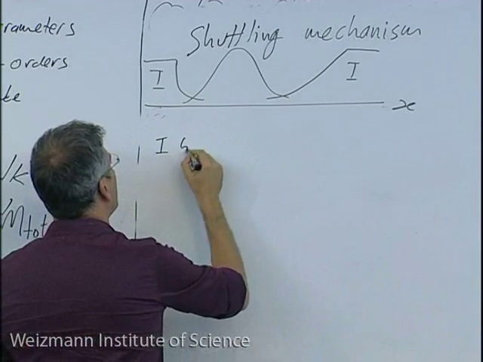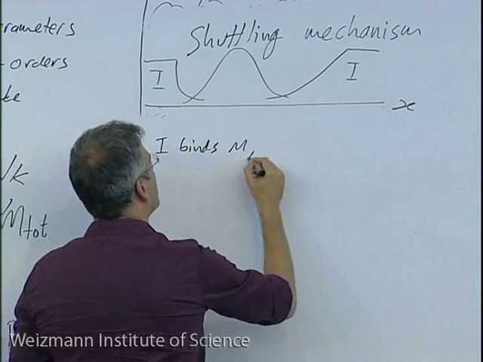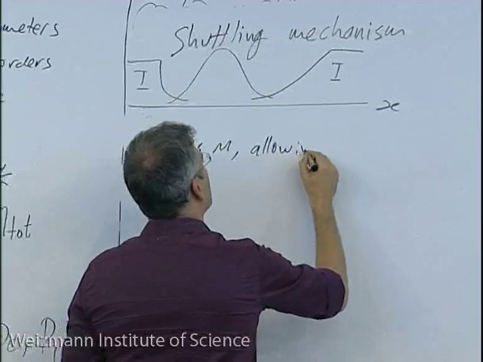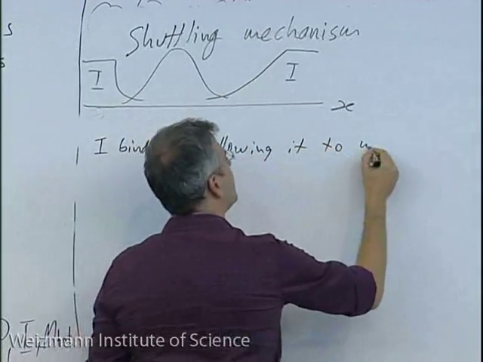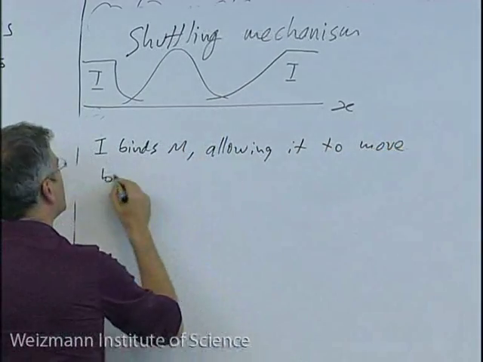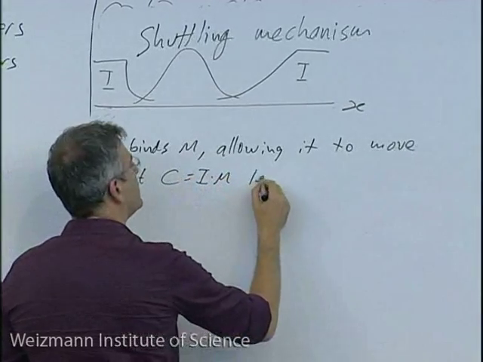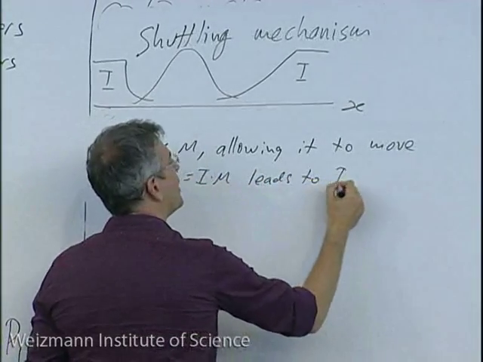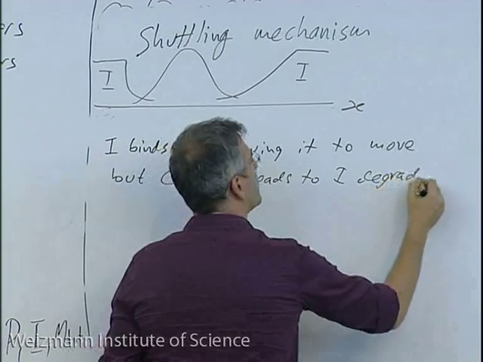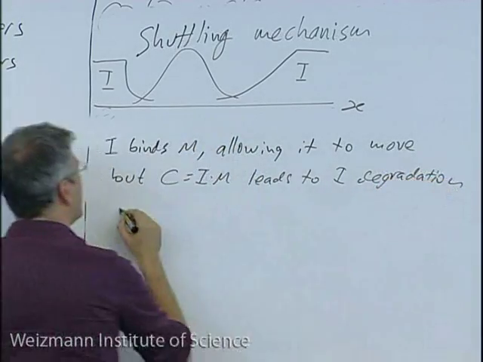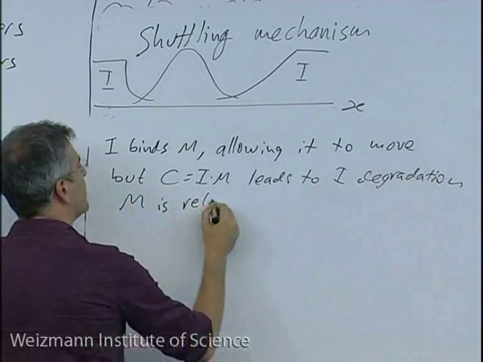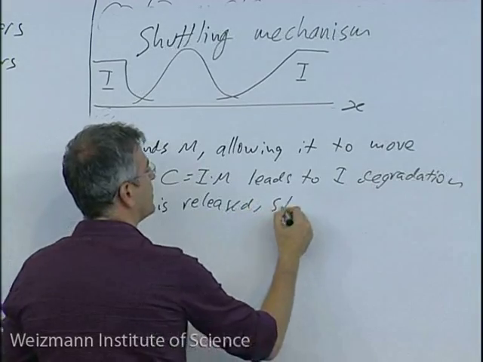I binds M, allowing it to move, but this complex leads to I degradation. So M is released and kind of stays put.